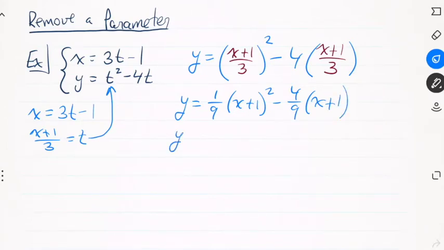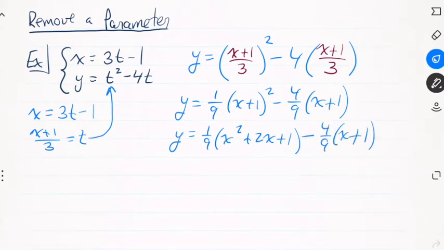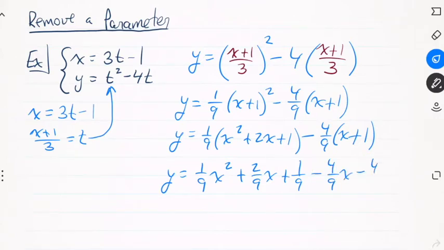So then this turns into y equals 1/9 of x squared plus 2x plus 1 after we expand it. And then this part over here, I'm going to leave it alone for just 2 seconds. I like it distributing all at once. So y is going to equal 1/9 x squared plus 2/9 x plus 1/9 minus 4/9 x minus 4/9.